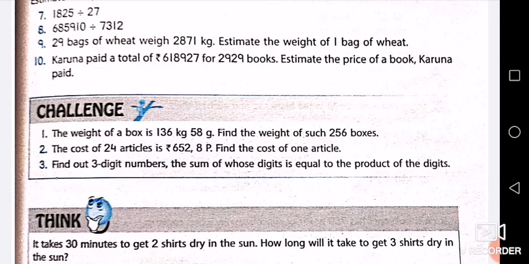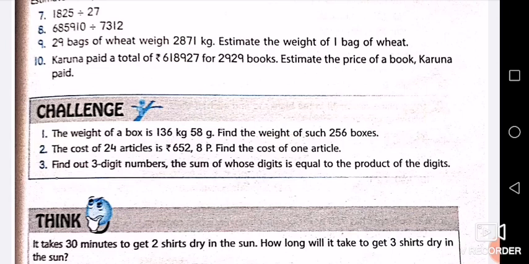Estimate the price of a book Karuna paid. Here the total money paid for 2,929 books has been given to you, that is 6,18,927.